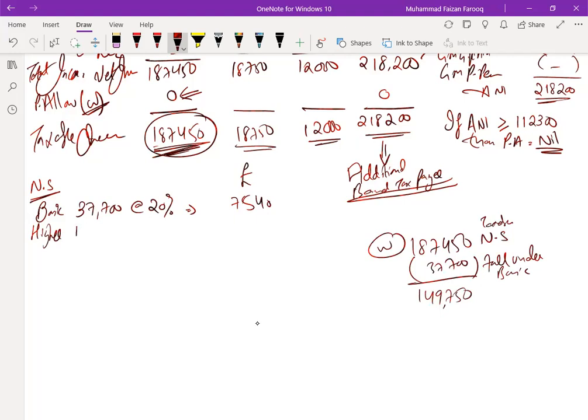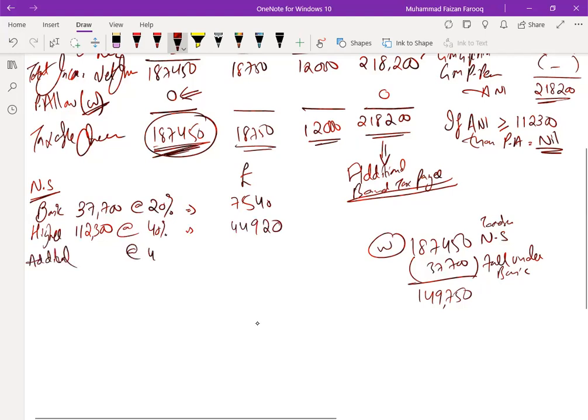We have the maximum limit in higher band 112,300, and we know how to calculate 112,300: it comes from 150,000 minus 37,700, which we learned earlier. 40% gives how much? 44,920.